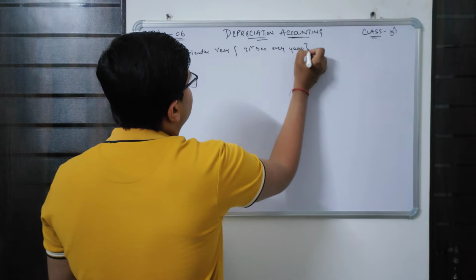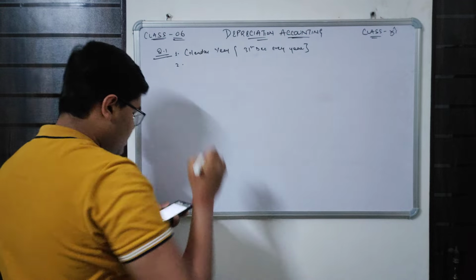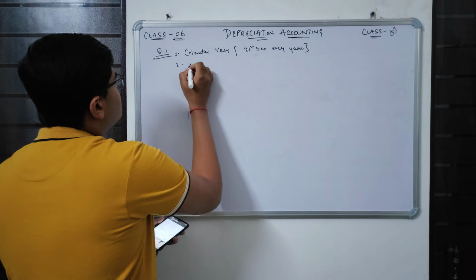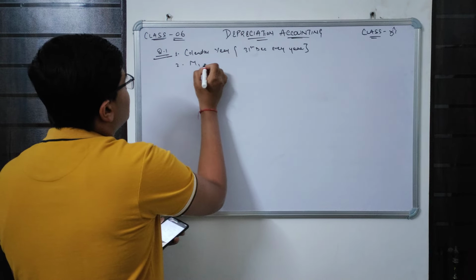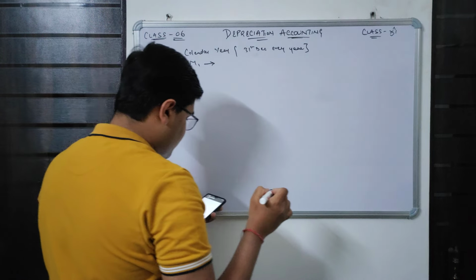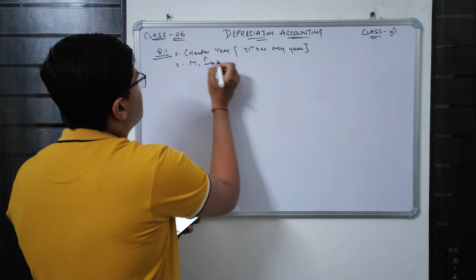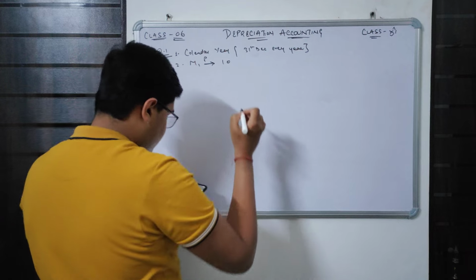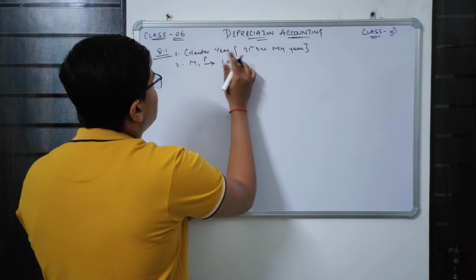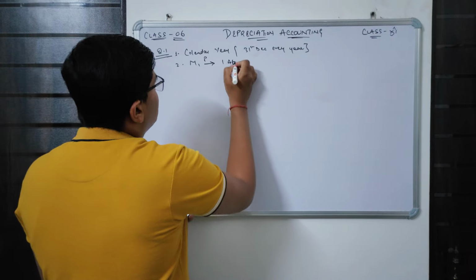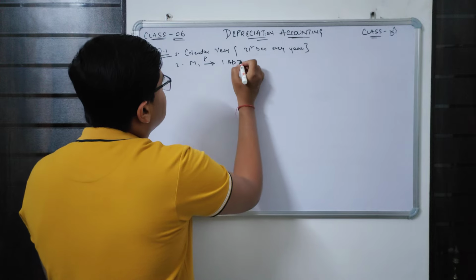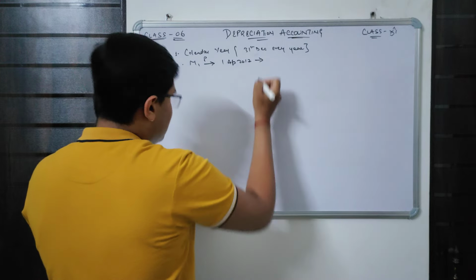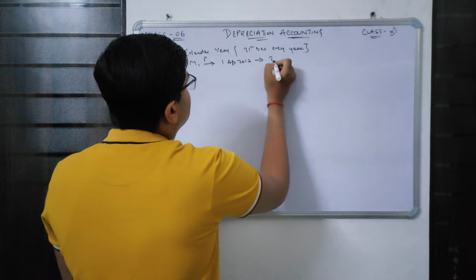This is the first part of the question. Second part is that machinery 1, M1, was purchased on 1st April 2017, and its value is rupees 30,000.